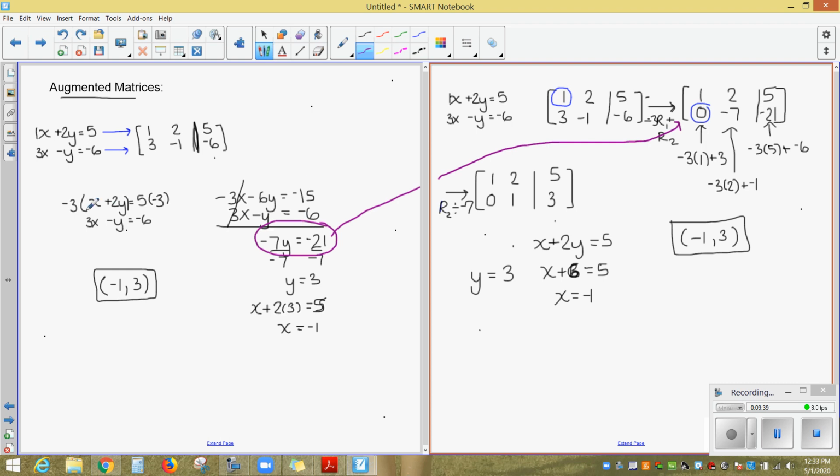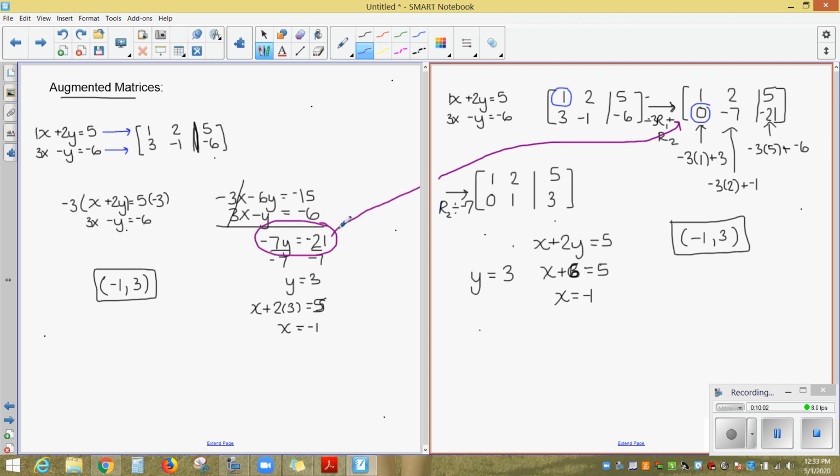In all this step from here to here, I did that. I'm going to use the words in my head. I physically wrote them on the paper for this example. But I took negative 3 plus 3 and got 0 for the x's. Negative 6 minus 1 more is negative 7y. And then negative 15 minus 6 more is negative 21.